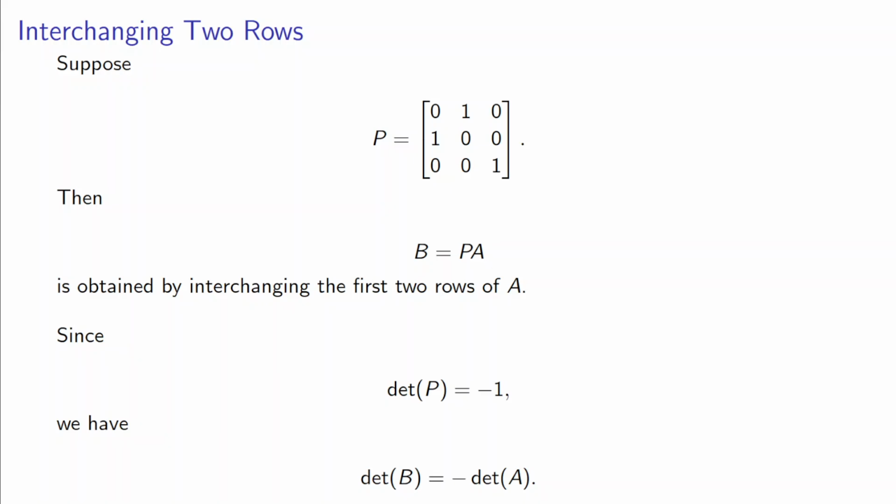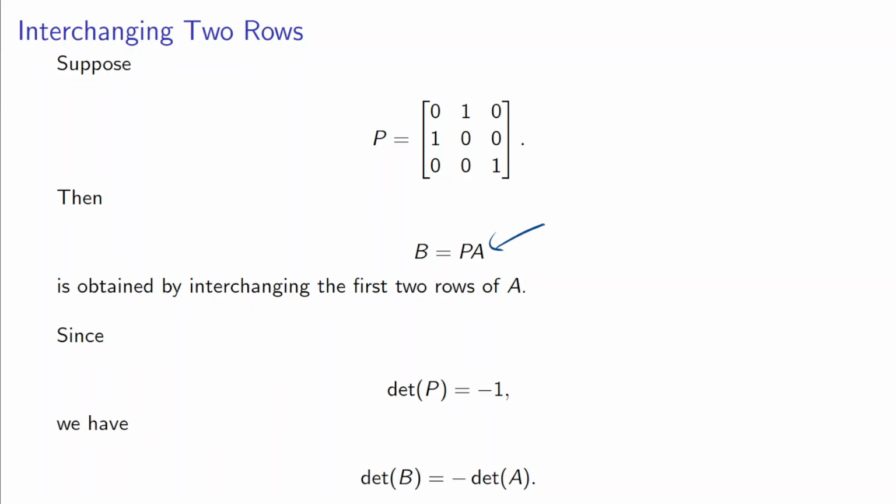Interchanging two rows: we saw in a previous video what happens to the determinant when we interchange two rows. The determinant of the identity with two rows interchanged gives us just -1. And so the matrix B, which is the result of interchanging two rows of a matrix A, can be thought of as matrix multiplication again.